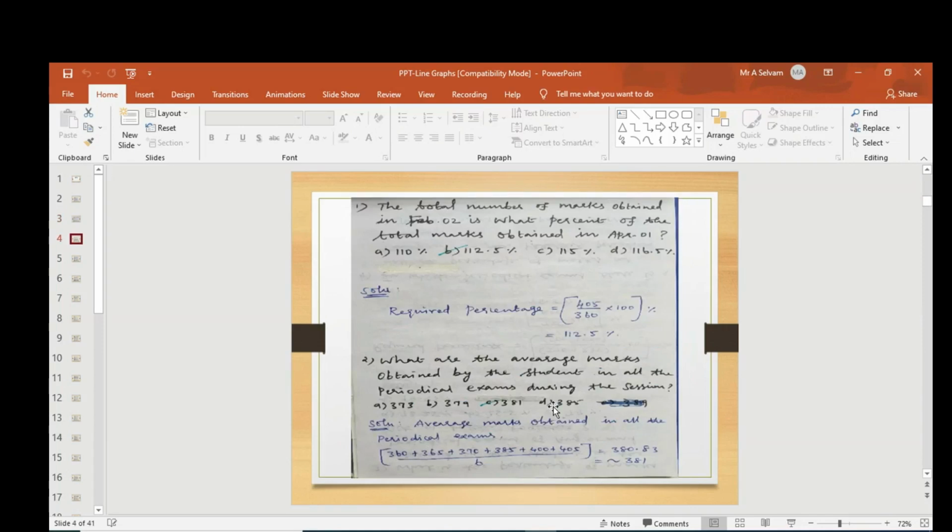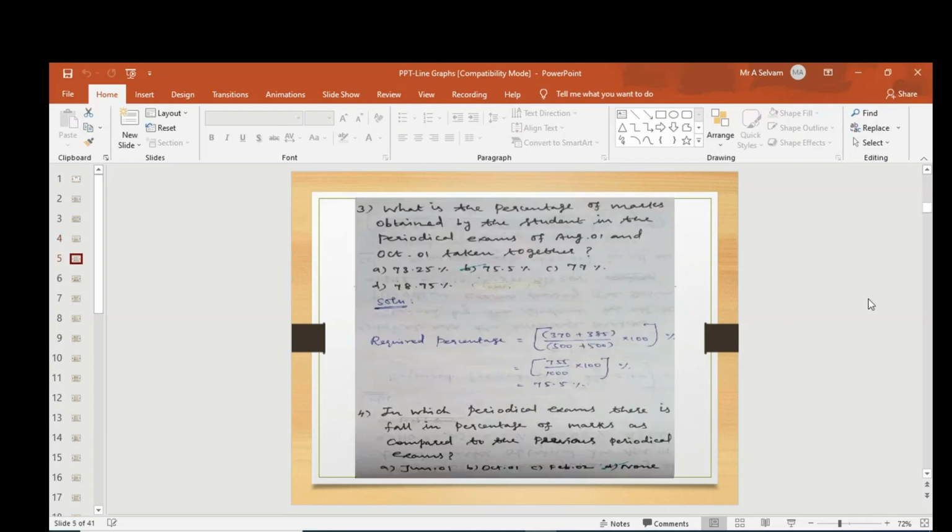There are 6 periodical exams, so divided by 6, we get 380.83, approximately 381. So 381 is there in the options, option C. 381 is the answer for this question. Understood? In the same manner we will discuss upcoming questions also.